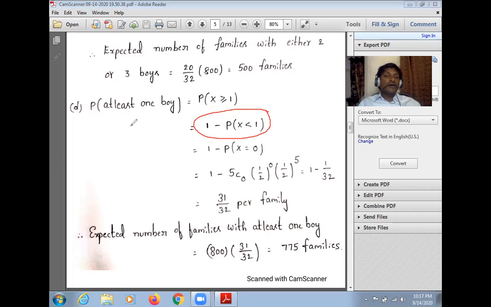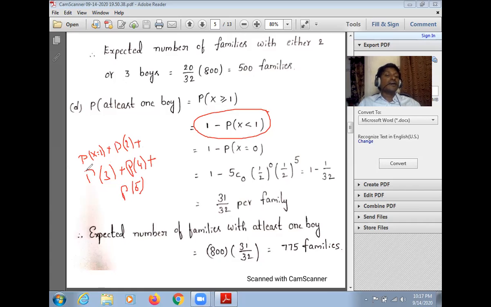Total number of children is 5. Or the same we can write as P of x greater than or equal to 1 is nothing but P of x equal to 1 plus P of 2 plus P of x equal to 3, that is P of 3, plus P of 4 plus P of 5. So all these things we can write and then calculate.